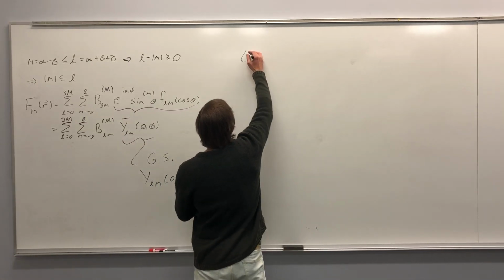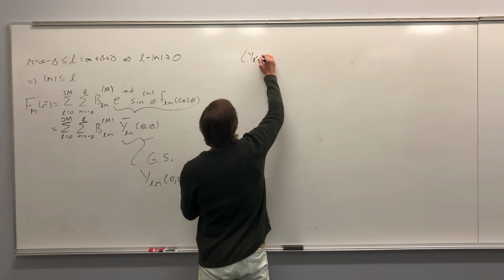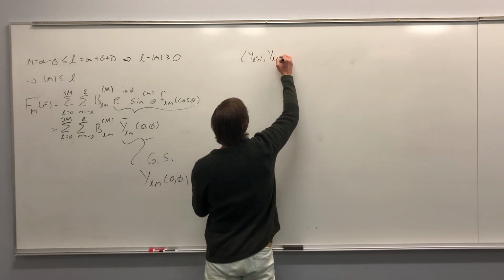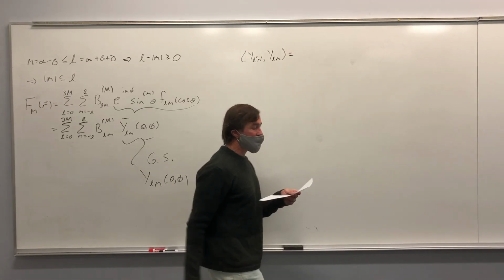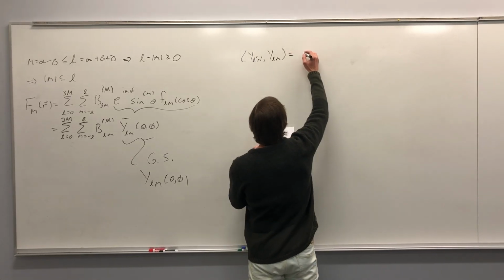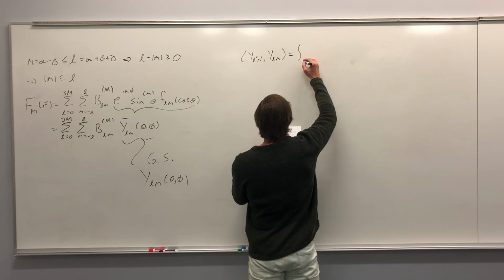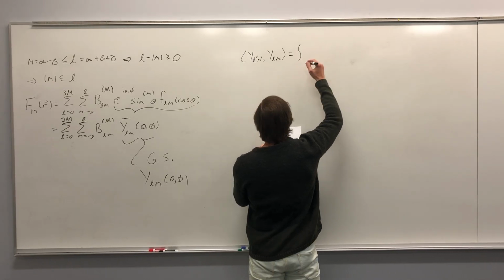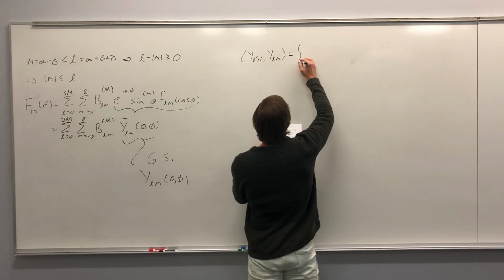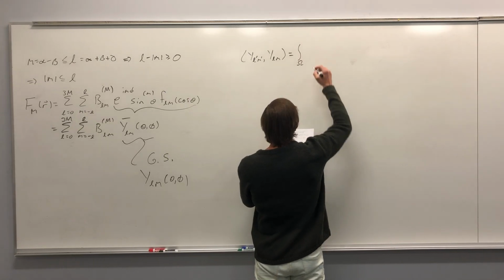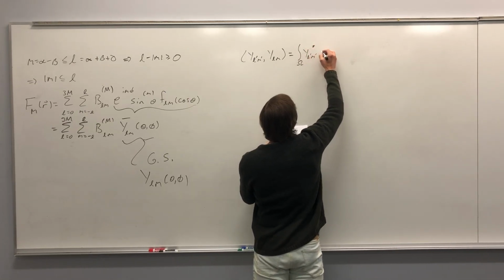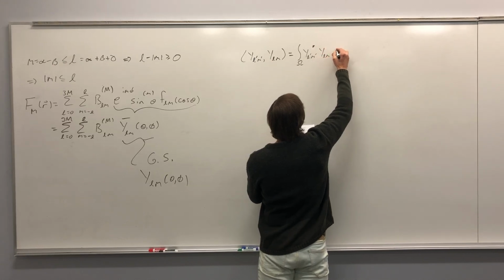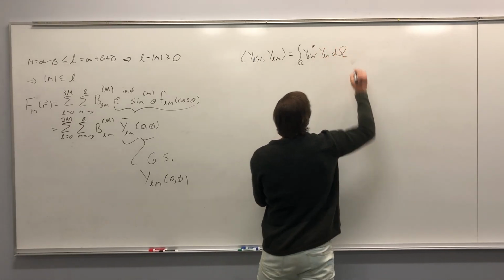And what we want, of course, is that Y_L'M' with Y_LM is going to be defined via the inner product in 3 dimensions over the surface of a unit sphere, because we're working with r equals 1. This is going to be an integral of Y_L'M' star Y_LM over the solid angle.